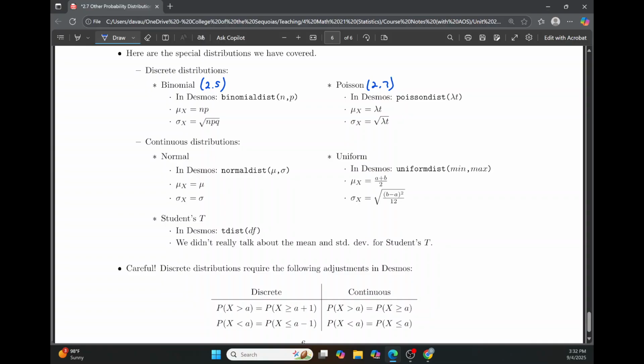For continuous distributions, we talked about the normal distribution in 2.6, and then we talked about the uniform and student's t distribution in 2.7.